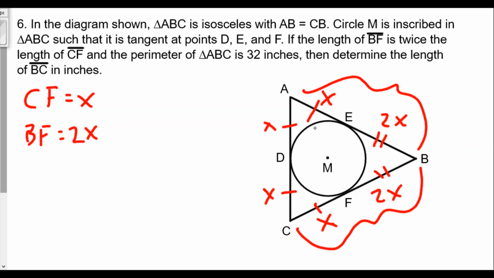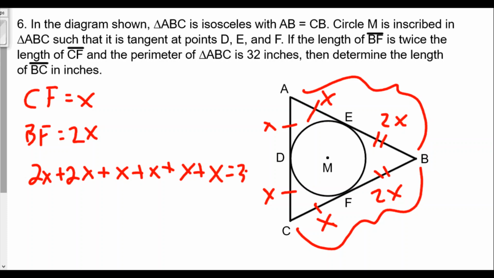Therefore, we can find the perimeter, which we're told is 32 inches. We can add them all up: 2x plus 2x plus x plus x plus x plus x equals 32, because there are 4 single x's.